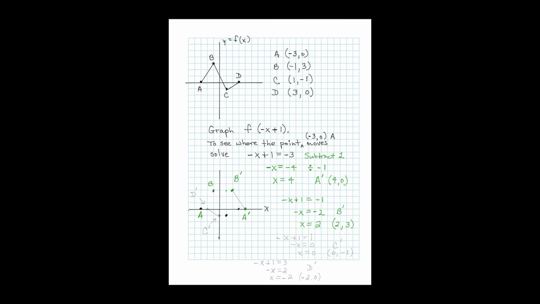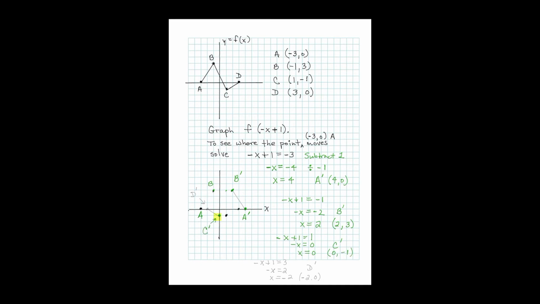And then point C has the x coordinate 1, and if we subtract 1 we get 0, and then divide by -1 we still have 0. So C prime is going to be at 0, -1. Remember, the y coordinate hasn't changed.